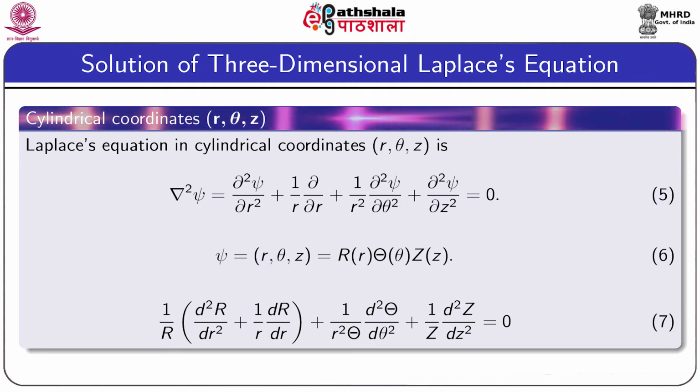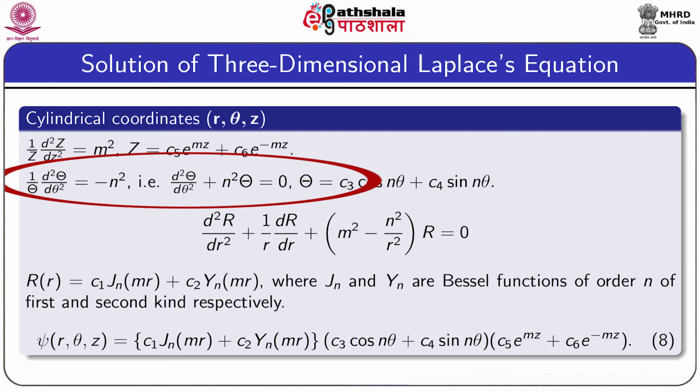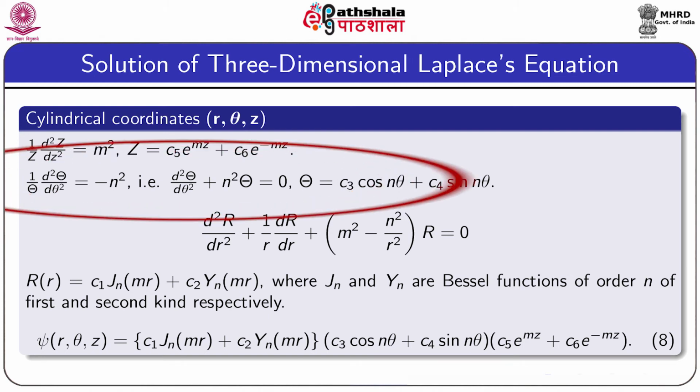So, from equation 7 we have already separated the variable z, but we need to separate the variables r and theta. For that purpose we assume (1/Θ) d²Θ/dθ² equals minus n². So, here n² is another separation constant.